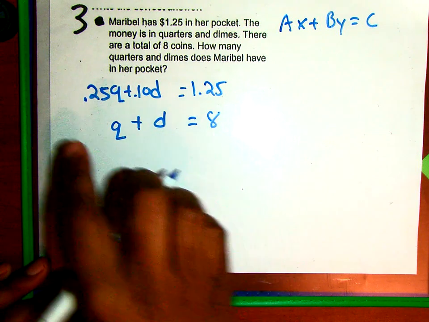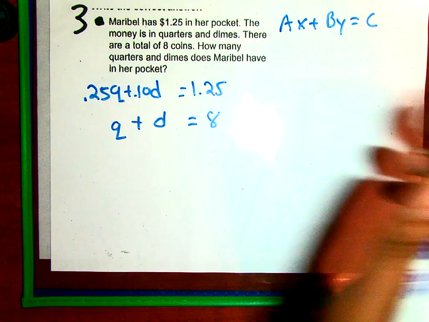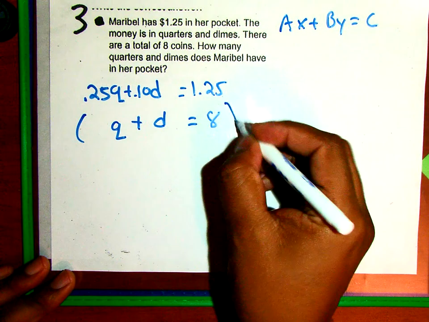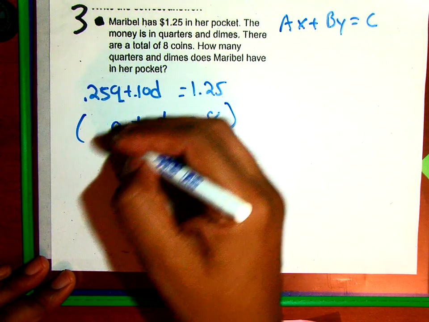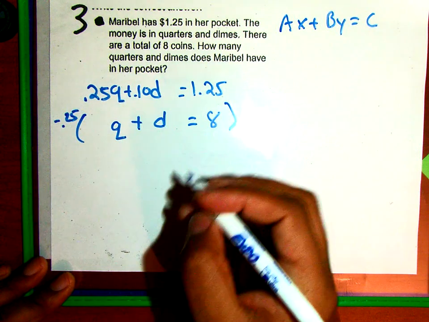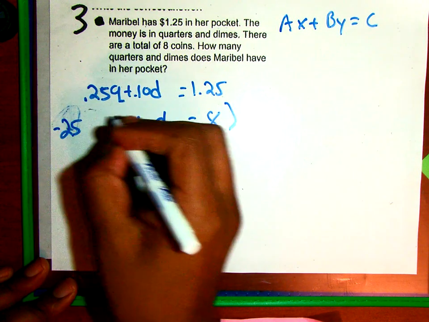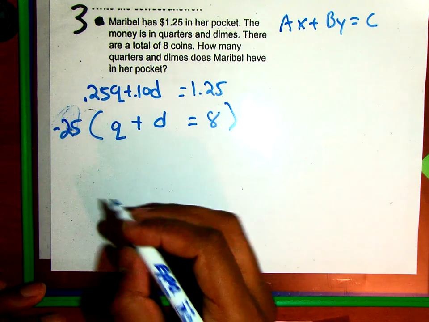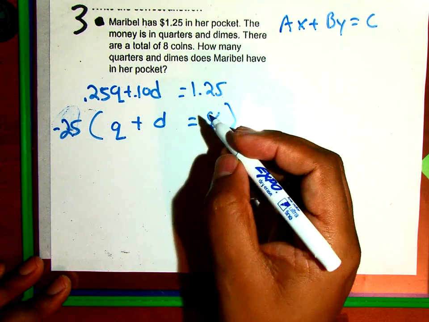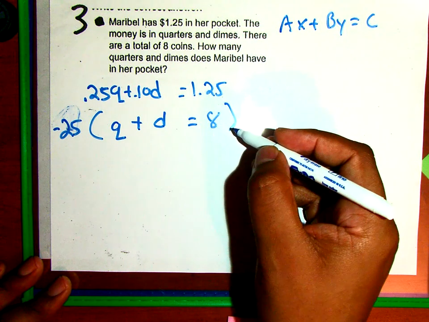So since I have 25 cent quarters plus 10 cents a dime, what I'm going to do is make sure that I have something I can eliminate by multiplying by negative 0.25. Negative 25. So I'm going to multiply that times the Q, the D, and the 8.